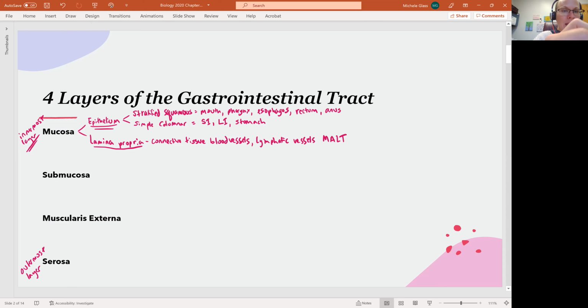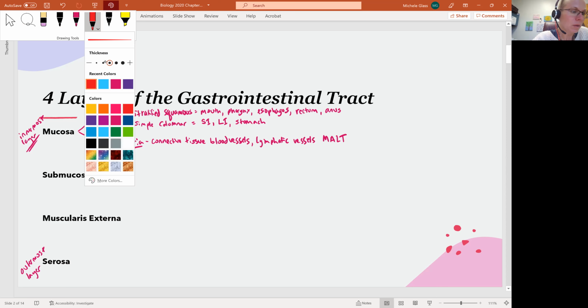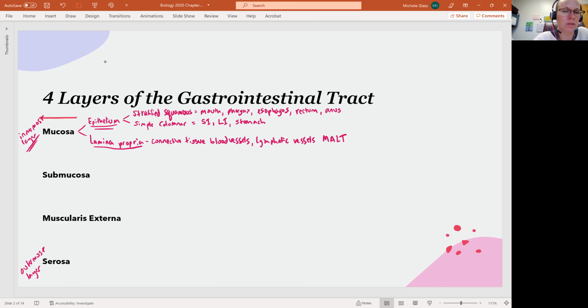And so in this mucosa layer, we have a thin layer of smooth muscle called muscularis mucosae. So I'll circle that, and it's in red. And this is going to be a very thin layer of smooth muscle.